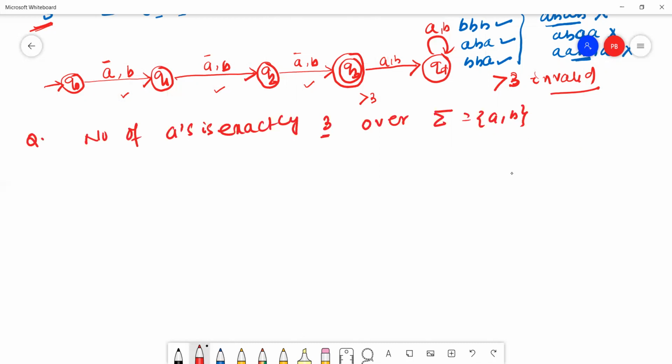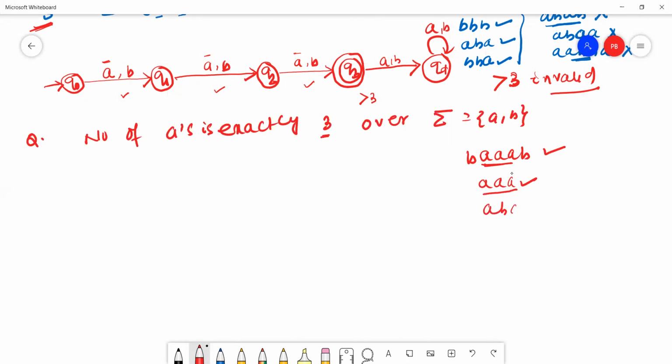What is the meaning? Suppose babaab, yes, this is a valid string because the number of a's is exactly 3. Suppose aaa, yes, it is a valid string because the number of a's is exactly 3.